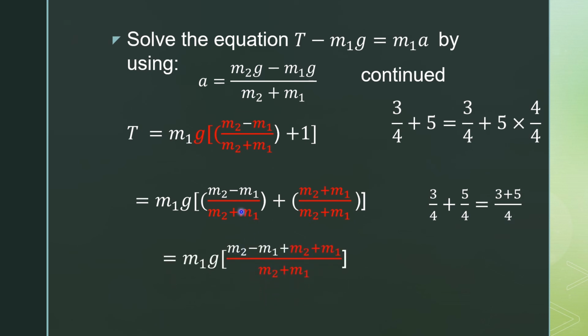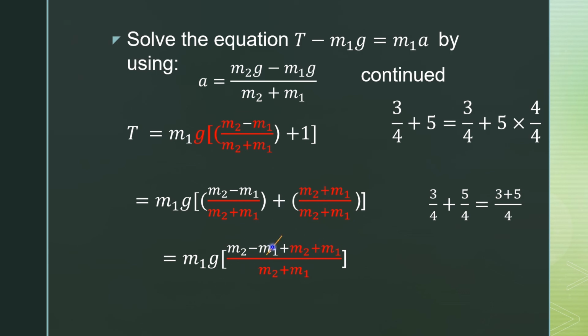So this denominator, I'm copying it, and I'm just adding this and that and not writing parentheses anymore. That's why we are getting this negative m1, positive m2, and positive m1.